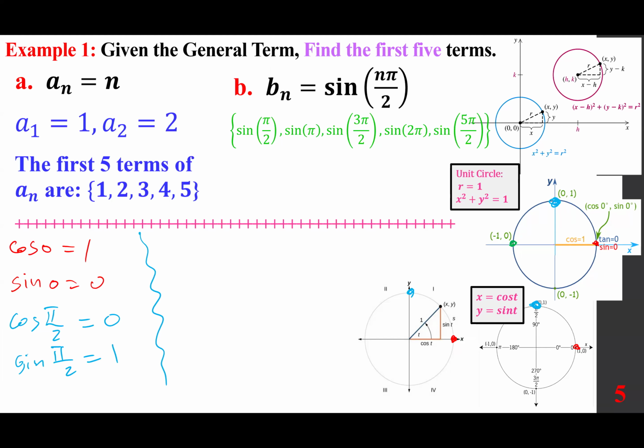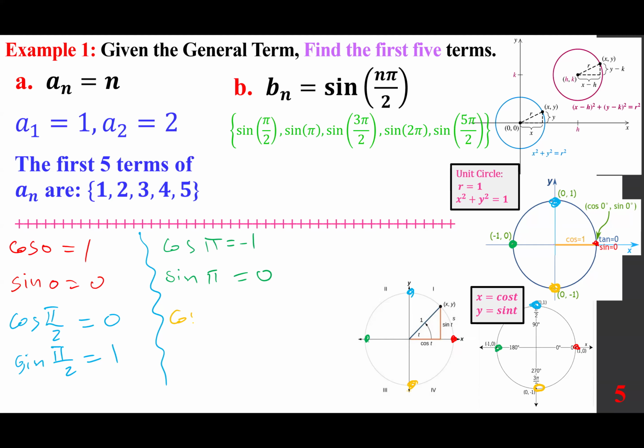This point is located at (-1, 0), or pi or 180 degrees. Therefore, cosine of pi is -1. Sine of pi is 0. This point located at (0, -1), or 270 degrees, or 3 pi over 2.